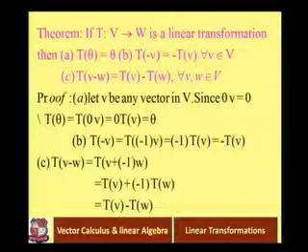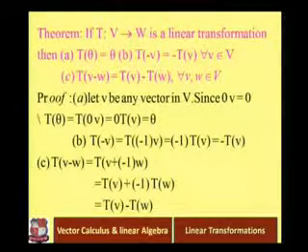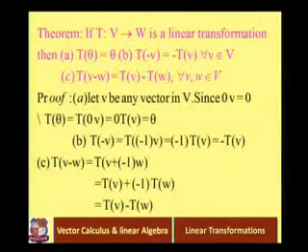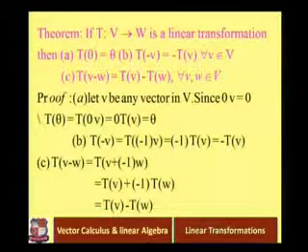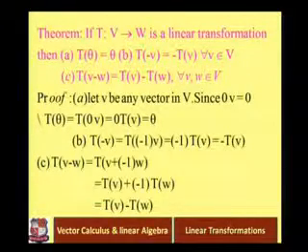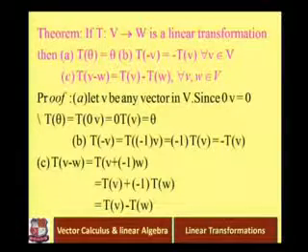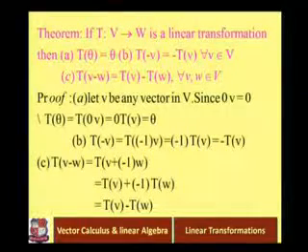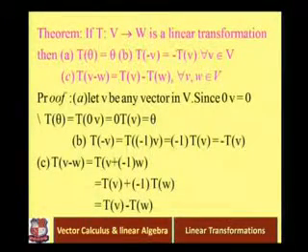Now here we use the second property of the definition of linear transformation: T of k into v is equal to k into T of v. So T of 0 into v is equal to 0 into T of v. If we multiply any vector with 0, it becomes theta. So that is equal to theta. So we prove the first one, T of theta is equal to theta.